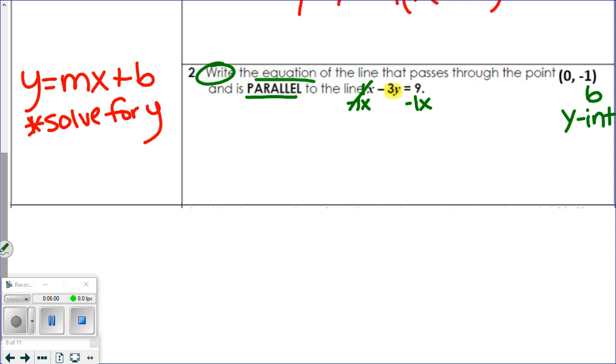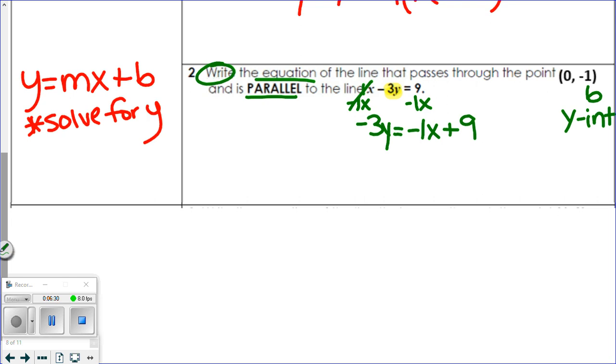These cancel. We're left with -3y equals, my mx comes first, then plus b. So -3y equals -1x plus 9. Still, that's not in slope-intercept form, because if I'm looking to my notes, this says y equals, and here in my equation I have a -3y.